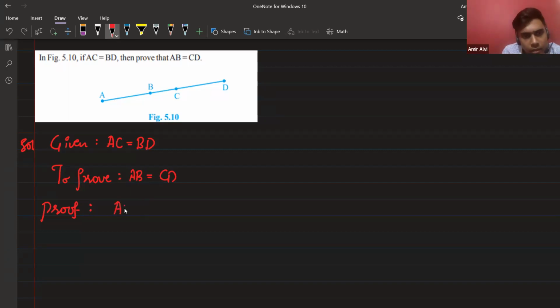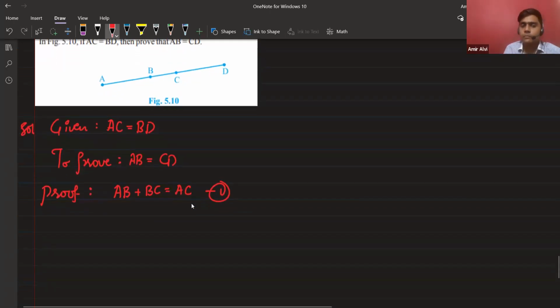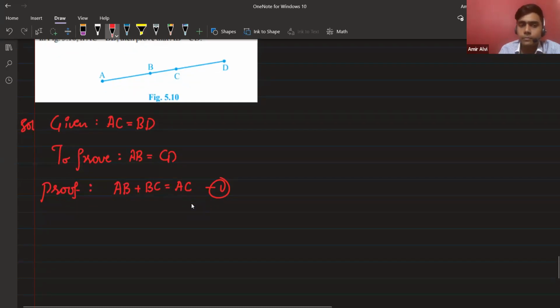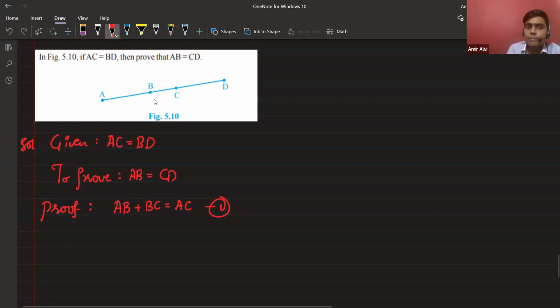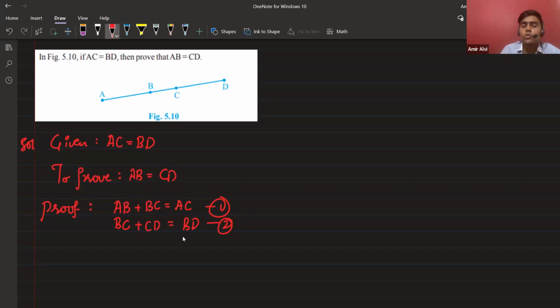So AB plus BC is equal to AC. This is our first equation. Yes or no, Simrat? Yes. Can I write BD as BC plus CD? Yes. BC plus CD is equal to BD. Yes or no, Simrat? Yes.